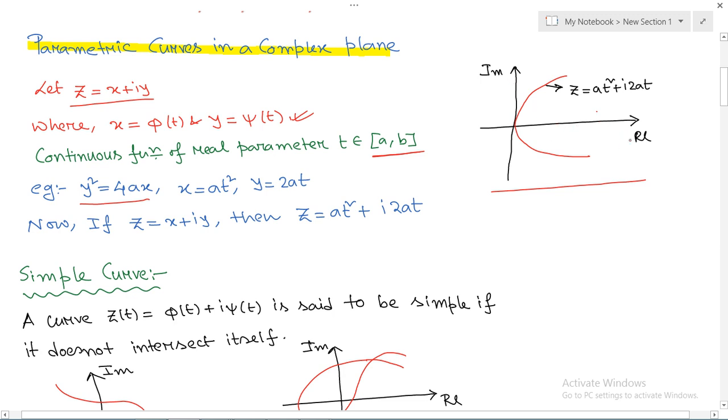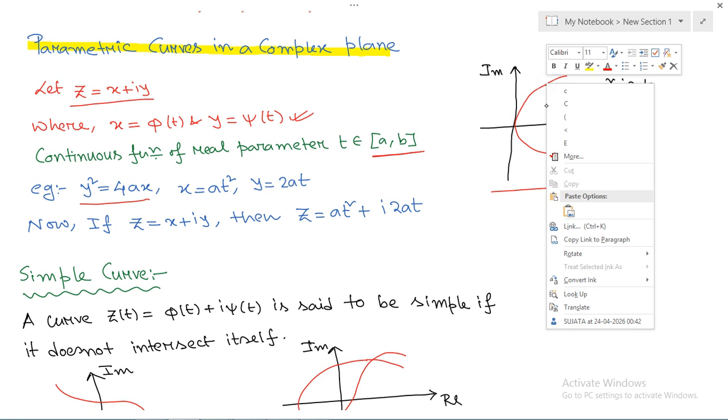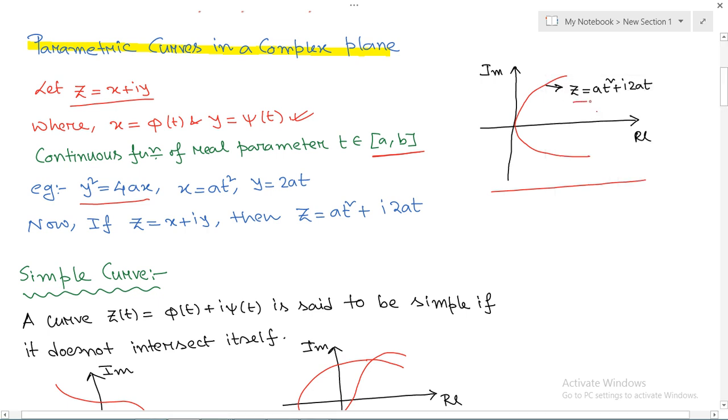The x-axis is considered the real part, and y is along the imaginary part. If we plot y square equals 4x, the parabola will look like this. And if we take any particular point on the parabola, that is z, it is given by x plus iy, where x equals at square and y equals 2at.